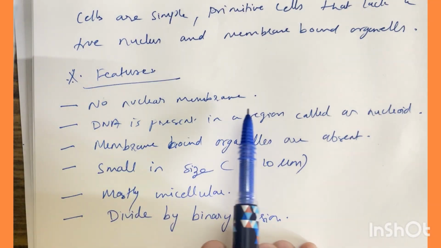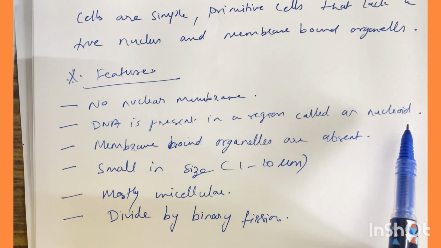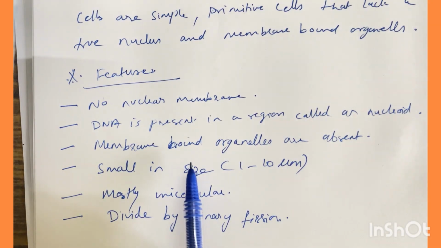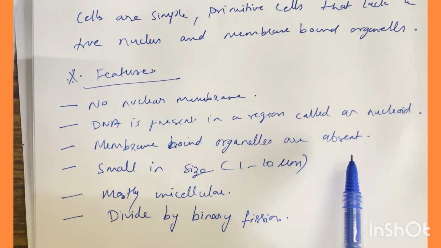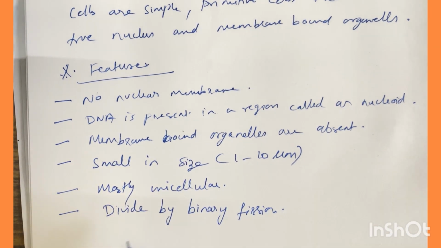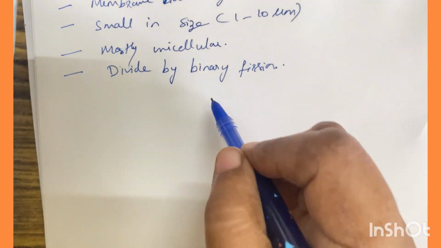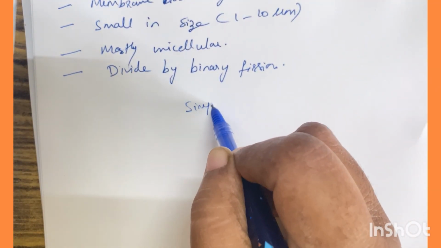That is, there is no nuclear membrane, DNA is present in a region called as nucleoid, membrane bound organelles are completely absent, small in size, usually 1 to 10 micrometers, mostly unicellular and divide by a process called as binary fission.